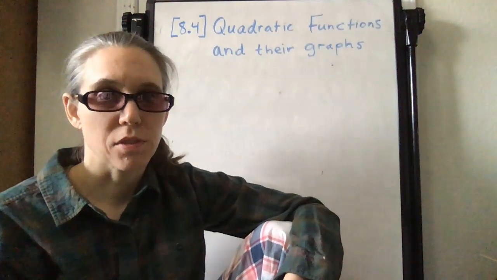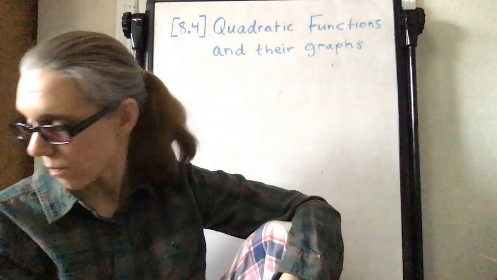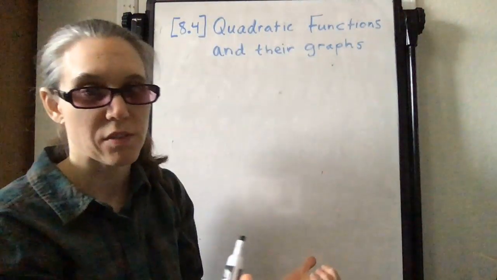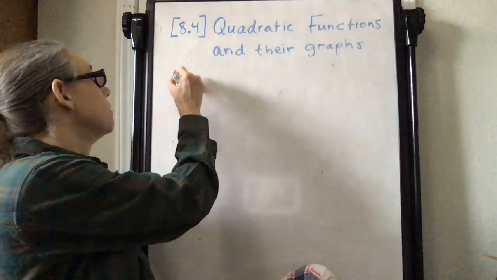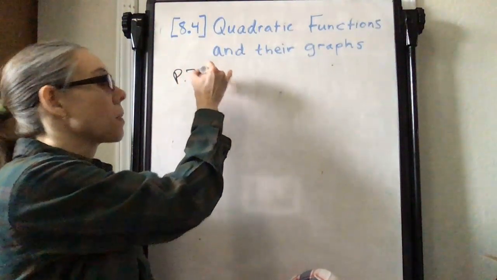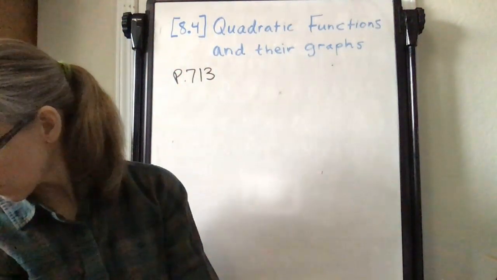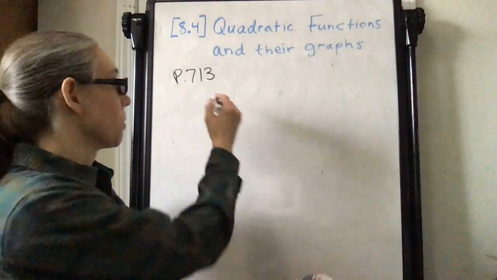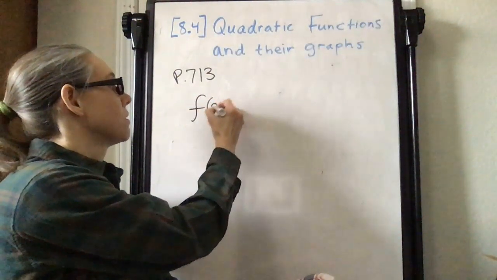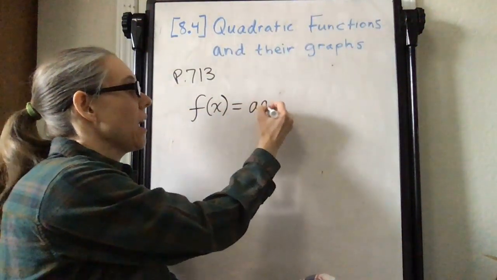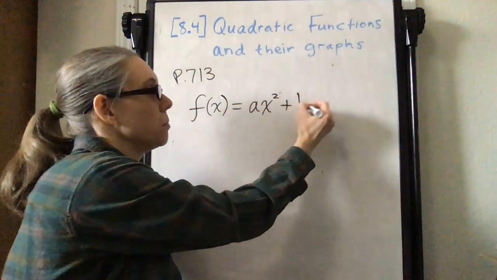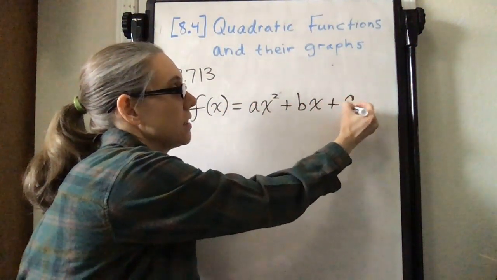So first of all, what is a quadratic function? I'm starting on page 713. A quadratic function is a function of the form f of x equals ax squared plus bx plus c.